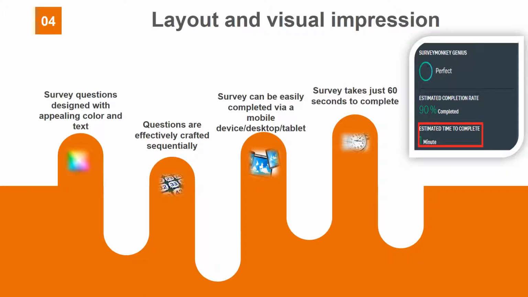So with the fourth component, we'll talk about the layout and the visual impression of our survey. First, we see that our survey questions have been designed with very appealing color and text.